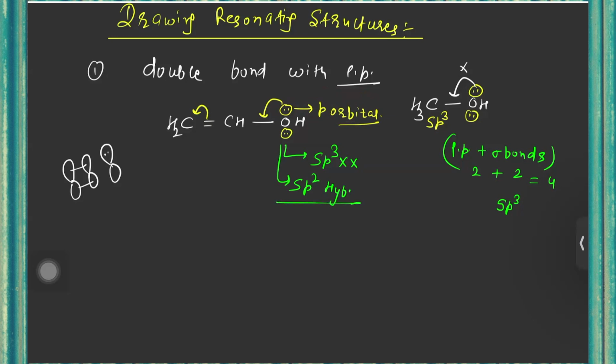This is sp2 hybridized because one p orbital is utilized by the lone pair. So this oxygen does not have 3 p orbitals for hybridization. It has only the remaining 2 p orbitals for hybridization. That is why we can say that it is not sp3 hybridized, it is sp2 hybridized.